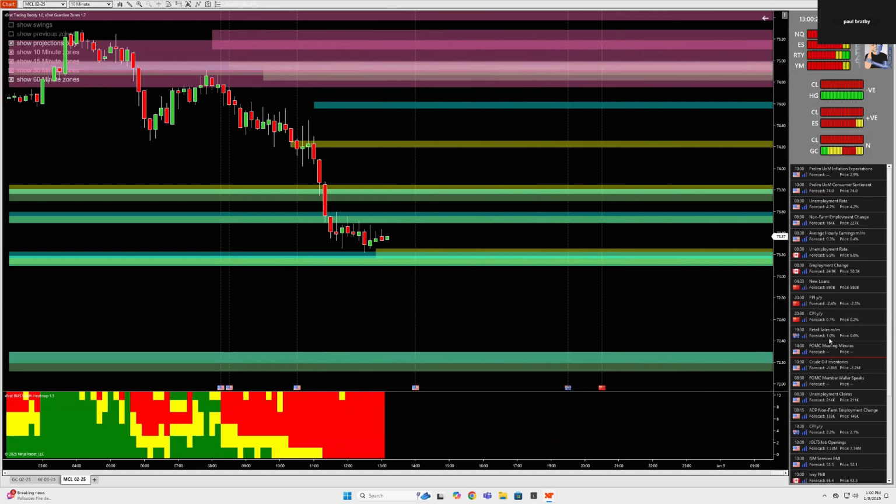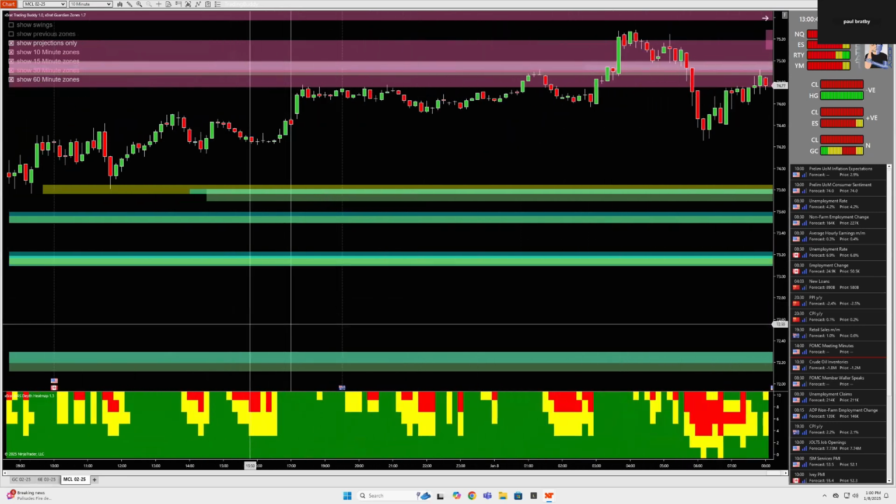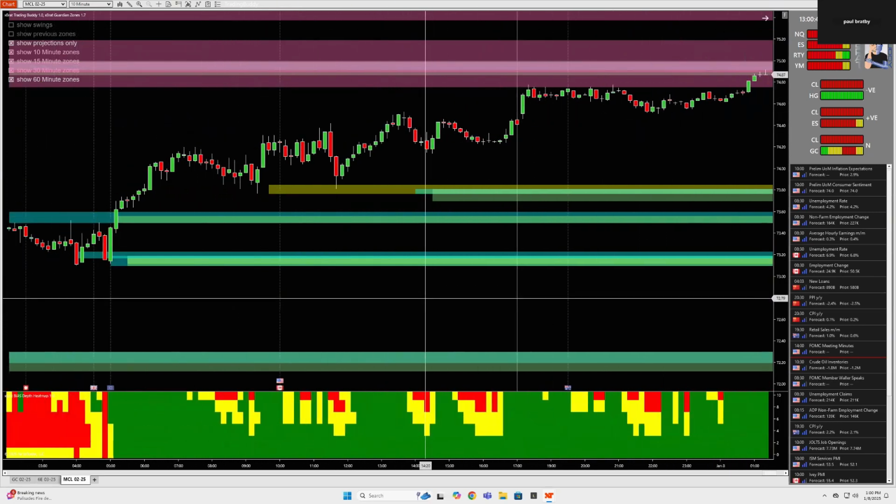So right now we're showing FOMC minutes, and then we're going into the evening, and then this is tomorrow with unemployment rates, non-farms, and up till 10 a.m. tomorrow morning. That will continually update. And obviously, backtesting is very important to see how your instrument reacts to certain data.